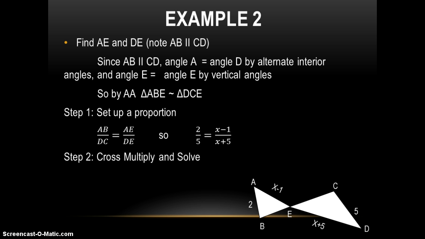Step 2, we have to cross multiply and solve. So when we cross multiply, we get 2 times x plus 5 equals 5 times x minus 1. And now we distribute the 2, so we get 2x plus 10, and we distribute the 5, so we get 5x minus 5.